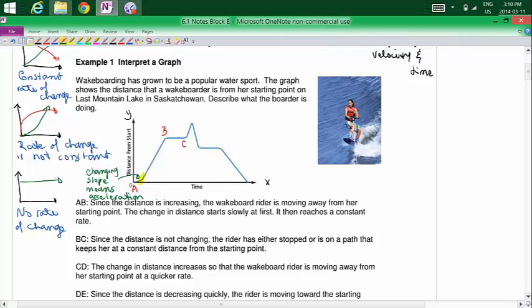All right, from C to D, which brings us up to the top here, the change in distance increases so that the wakeboard rider is moving away from her starting point at a quicker rate.